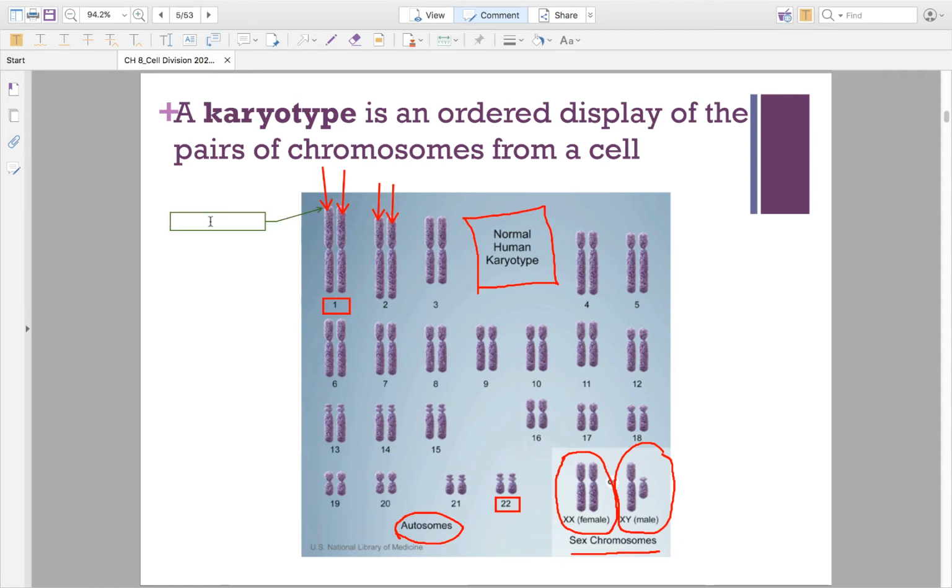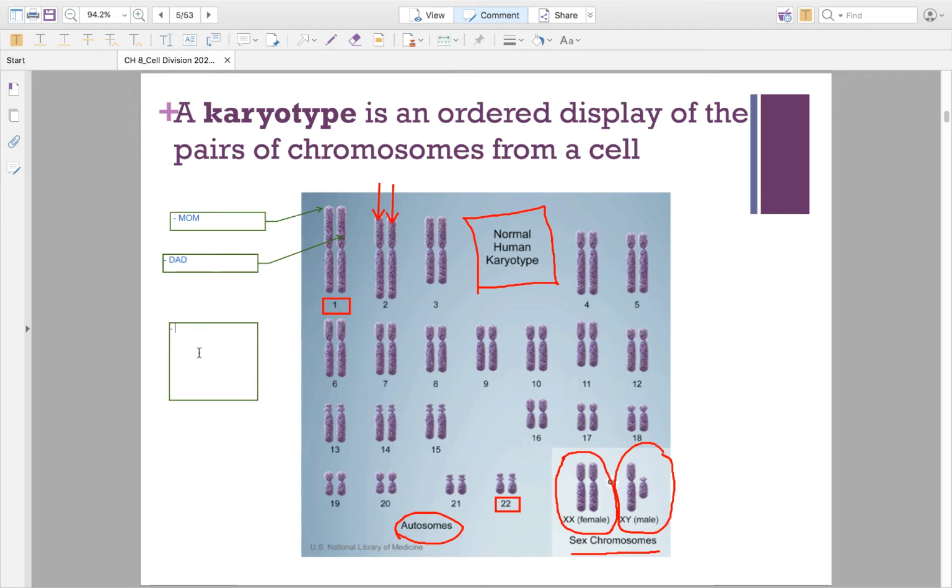Another important factor here, and this should be something that you take home and remember permanently: you inherit 23 chromosomes from mom and 23 from dad. So the first one is the mom chromosome, the second one is the dad chromosome. Maternal, paternal, maternal, paternal.